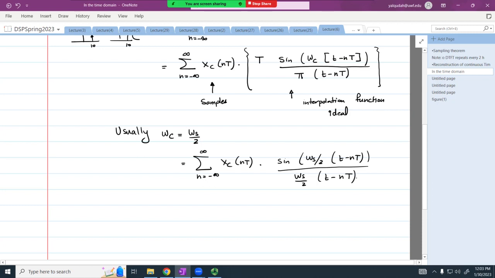Why does omega s replace pi? What happened to the T? There is the T here. We're going to bring it over, pi over T. Make sense? This is the same as writing pi over T, which is omega s over 2.